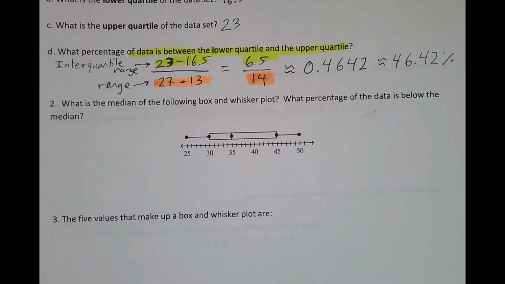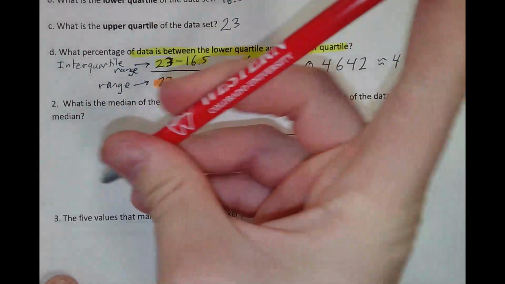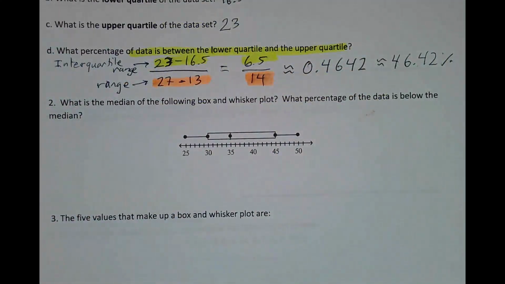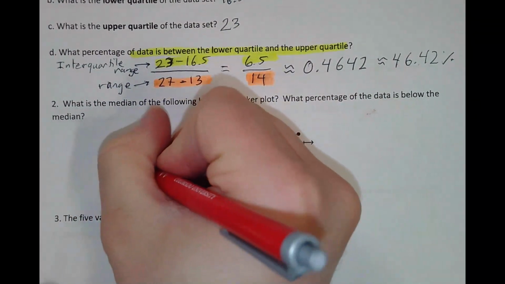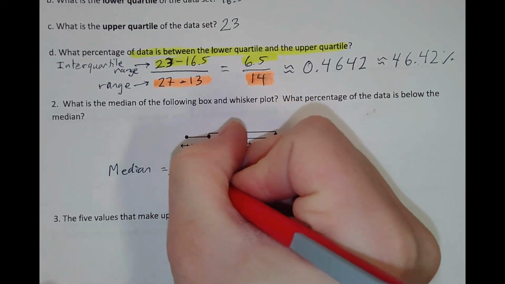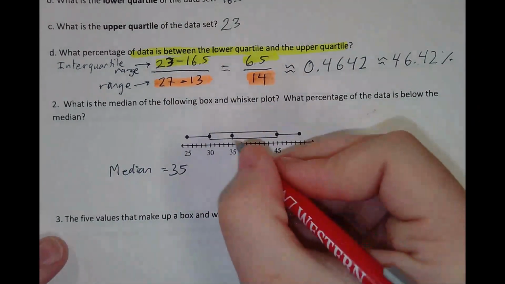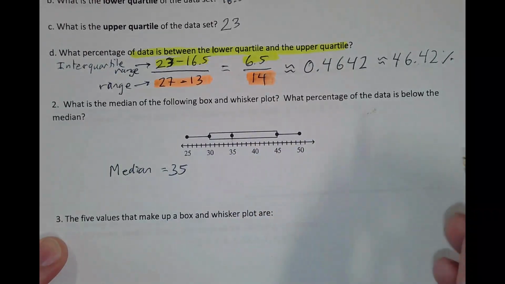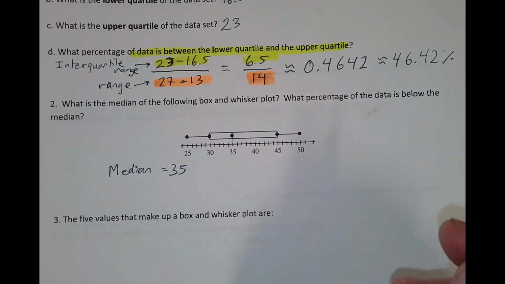Okay, so for the median, did you get your middle number of 35? If you got that, nicely done. The median is 35. And then it asks us what percentage is below the median.